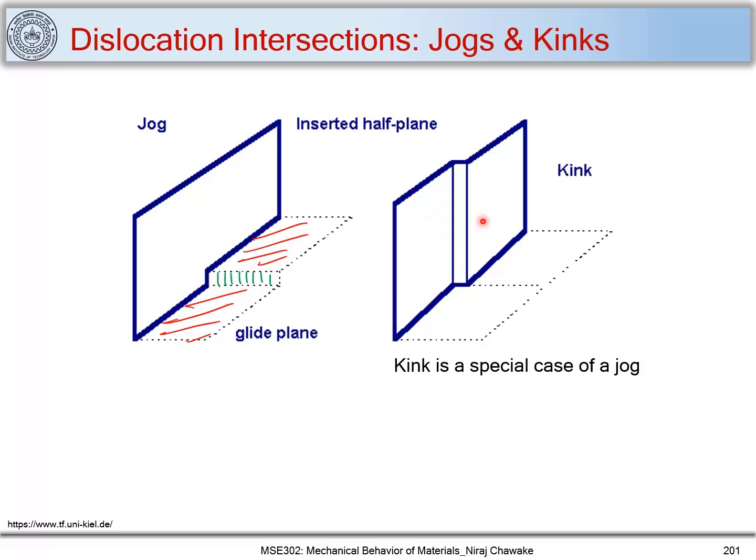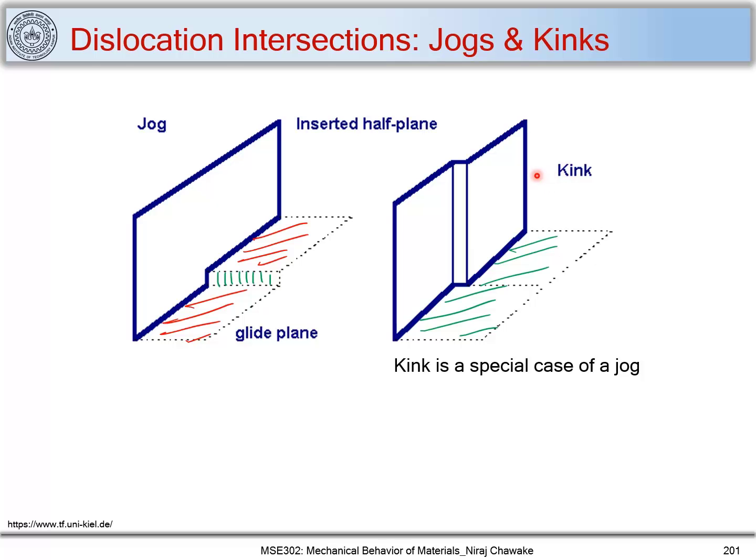And a kink is a break in the dislocation line which stays on the same slip plane. Let us mark that here. So you have a glide plane, and this break remains on this same slip plane. This kind of break on the dislocation line is called a kink.